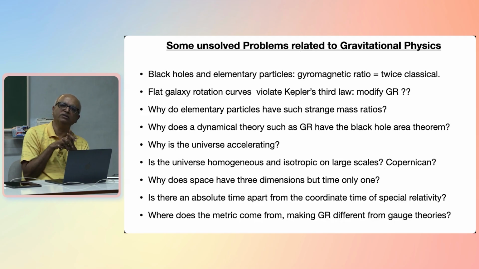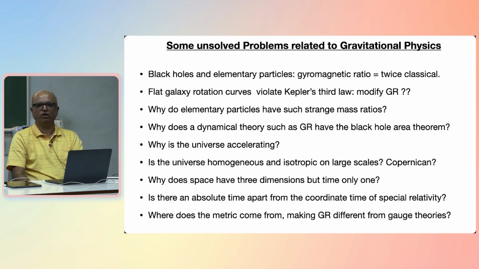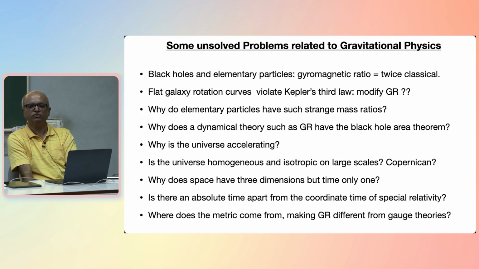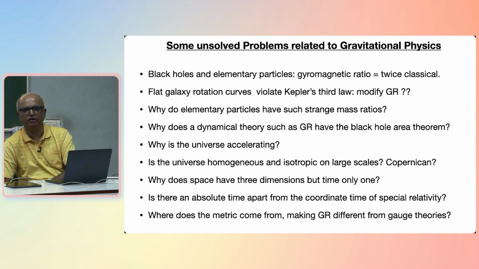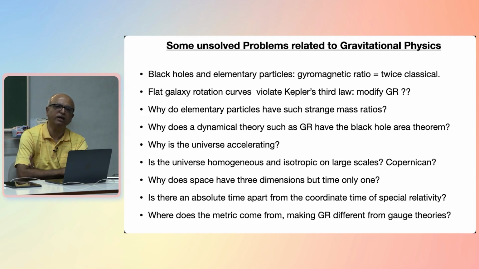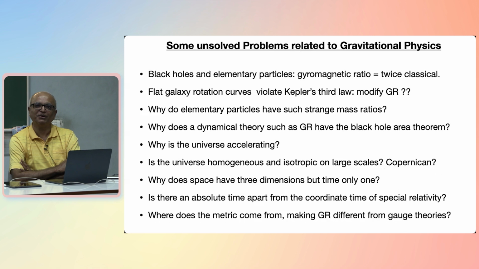So right now, if you look up collapse model experiments, there is quite a bit going on. But we don't have a breakthrough which will tell us whether quantum mechanics is approximate or exact. If we find a breakdown of quantum mechanics, I will call that progress.